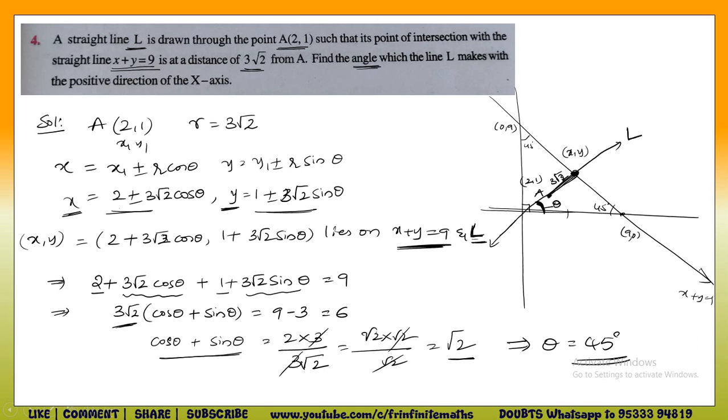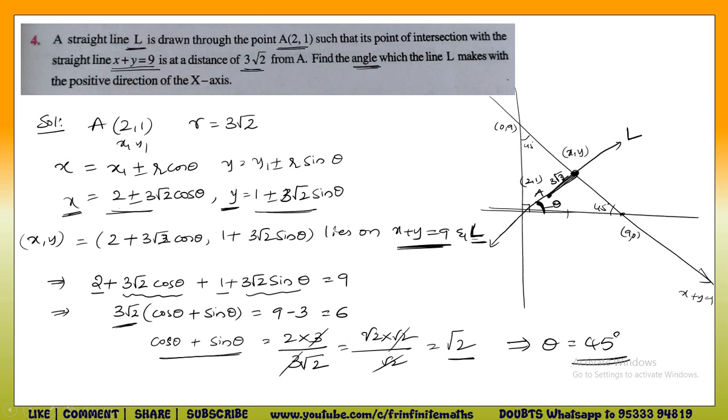The same way, if you want, you can do it by substituting with minus. Then you are going to get the opposite side. So theta will be heading in the opposite direction, but he has given the positive direction of x-axis. So clearly theta will be 45 degrees, right?